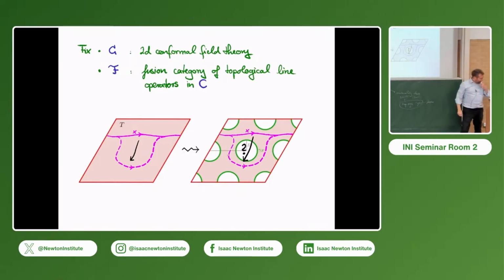And so that's maybe the one calculation I do in a little bit more detail, to explain that if you choose your conformal boundary condition cleverly, then this property remains true. So the hole can be made invisible to all defects in this fusion category F. Okay, I will switch this off and do this computation.